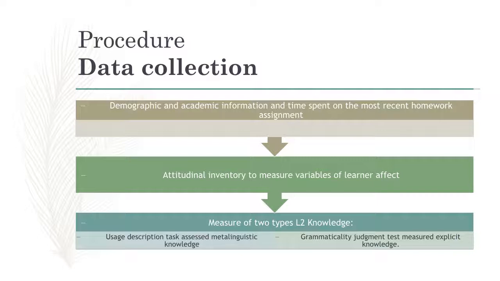The second would be an attitudinal inventory to measure variables of learners' affect. And to measure the two types of second language knowledge, there were two different data collections. One was the usage description task to assess metalinguistic knowledge, and then the grammaticality judgment test measured explicit knowledge.